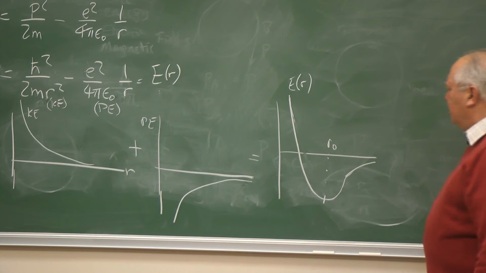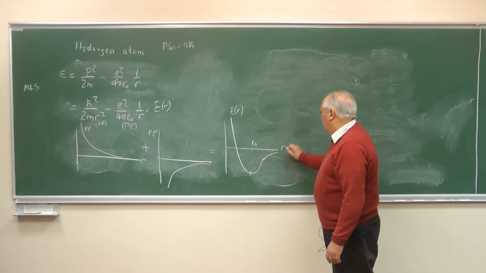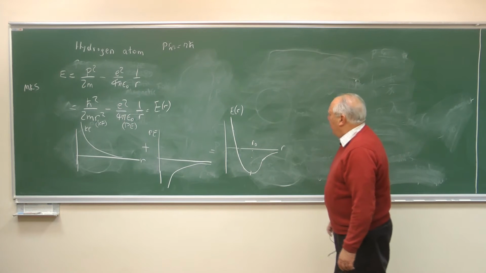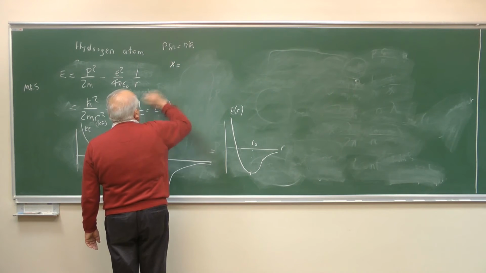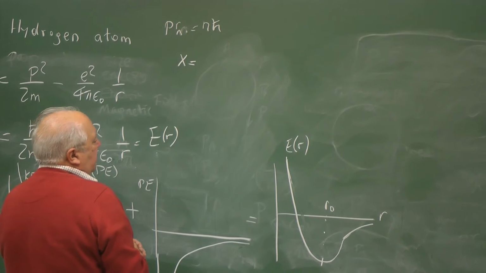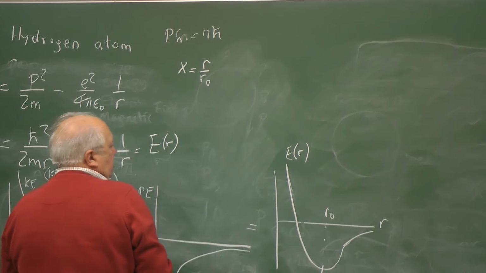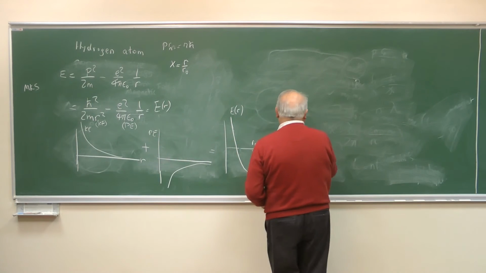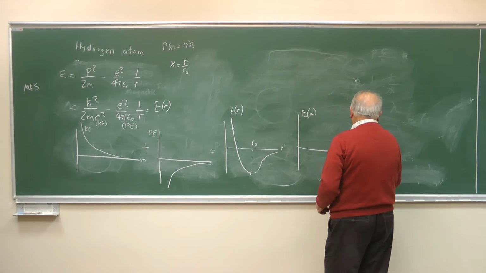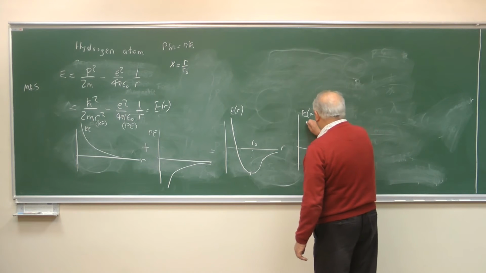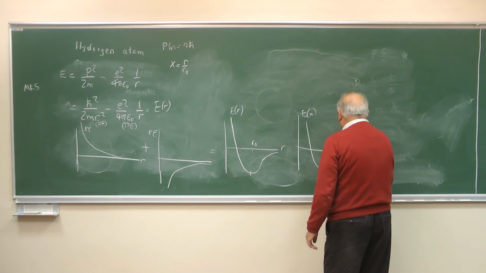So r0 will determine the size of the hydrogen atom. Or let's do it like this. Let's define a dimensionless parameter, x equals r over r0. So if we plot E of x versus x equals r over r0, it is similar to that. Like this.